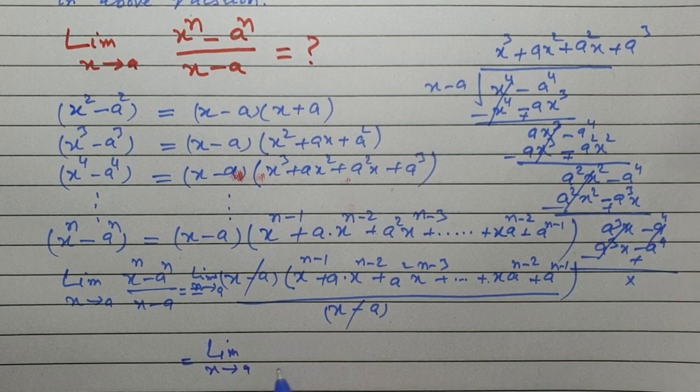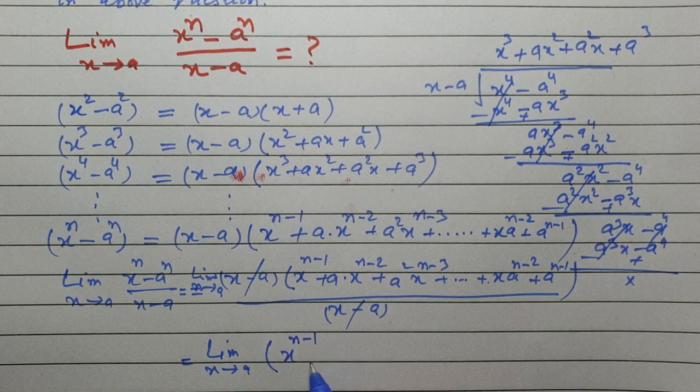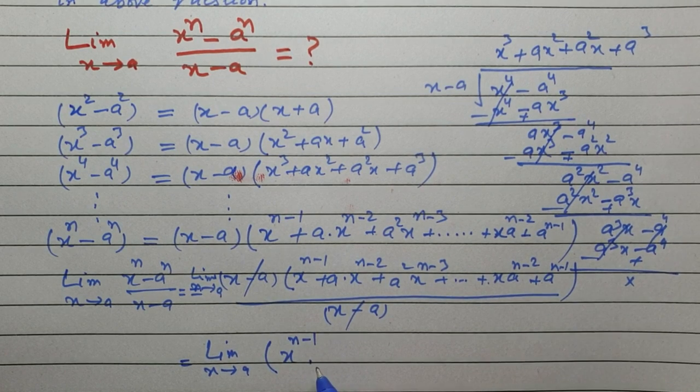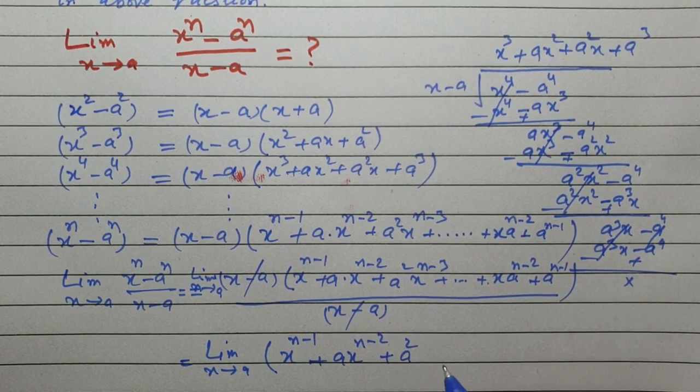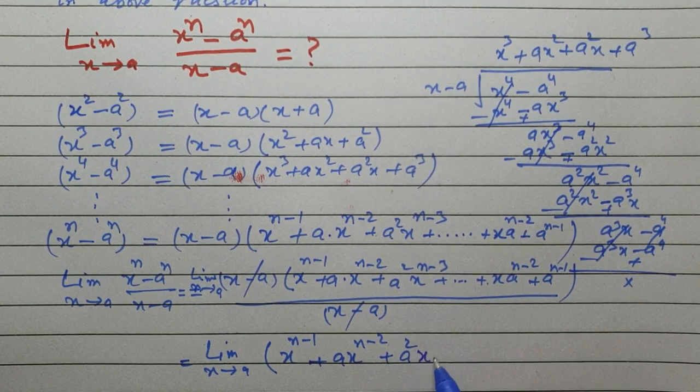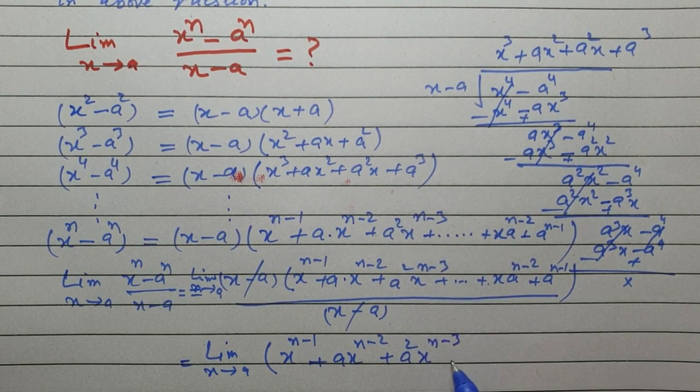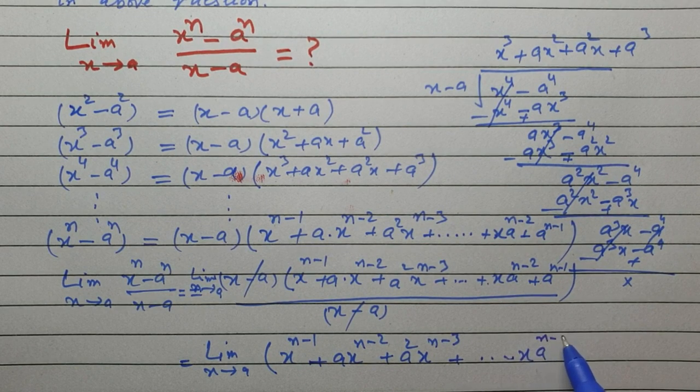limit x tends to a, x^(n minus 1) plus a x^(n minus 2) plus a square x^(n minus 3) plus x a^(n minus 2) plus a^(n minus 1).